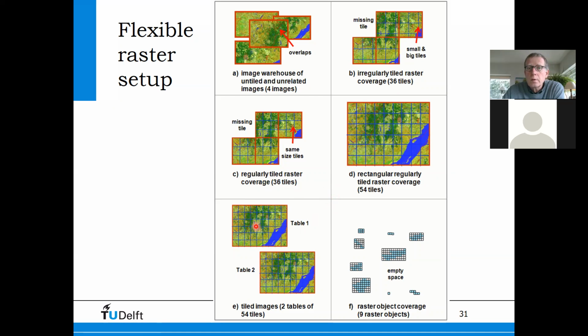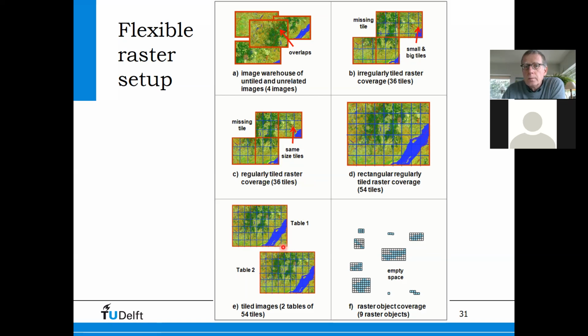What you can also do is create 2 tables. In one table you store a raster coverage, and in another table you store another raster coverage. That could be an image of another date, or this could be an image, and the other one could be, say, classified pixels like vegetation, water, and other objects.